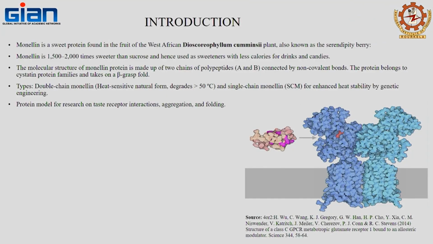Good morning, everyone. This is just the introduction of what monellin is: a sweet protein around 1,500 to 2,000 times sweeter than sucrose, and quite a bit sweeter than naturally derived sweeteners like stevia. The molecular structure consists mainly of two polypeptide chains, A and B, connected by non-covalent bonds, with a beta grasp fold, as Sir has mentioned in his slides.